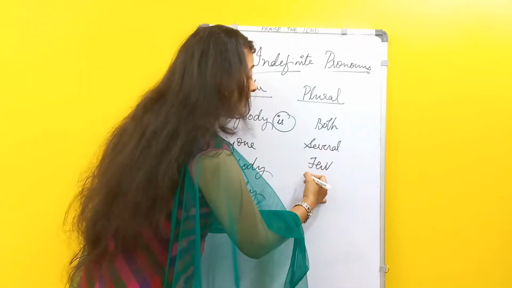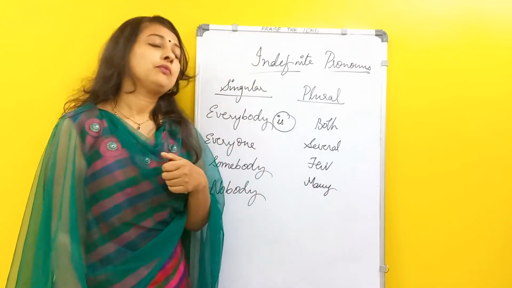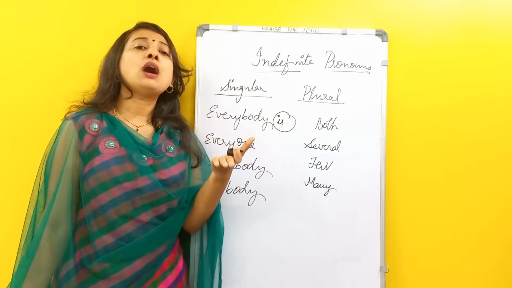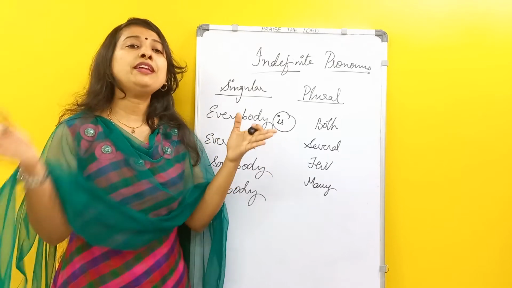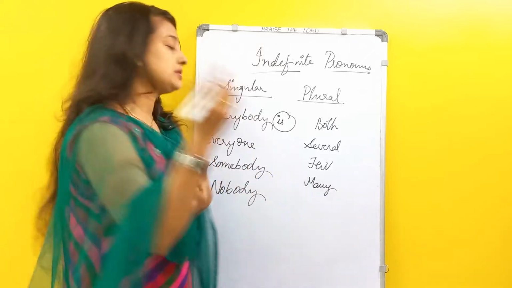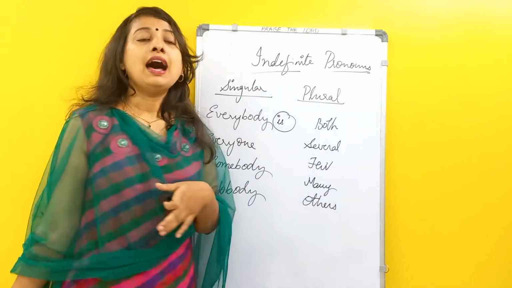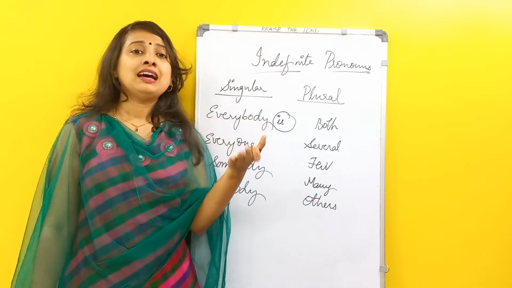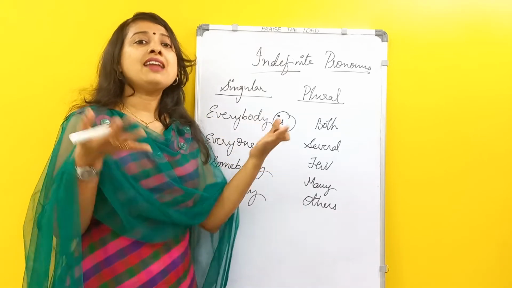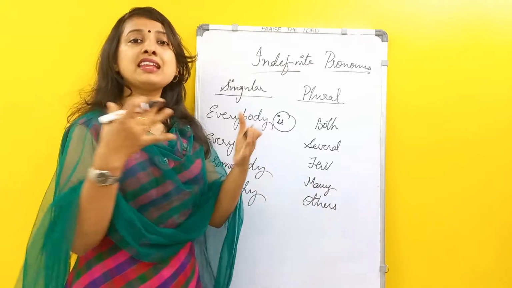If we use many: many of you are absent, or many of you were absent yesterday. Others, if we use others: others are unable to come. Some of you have attended, but others are unable to come.